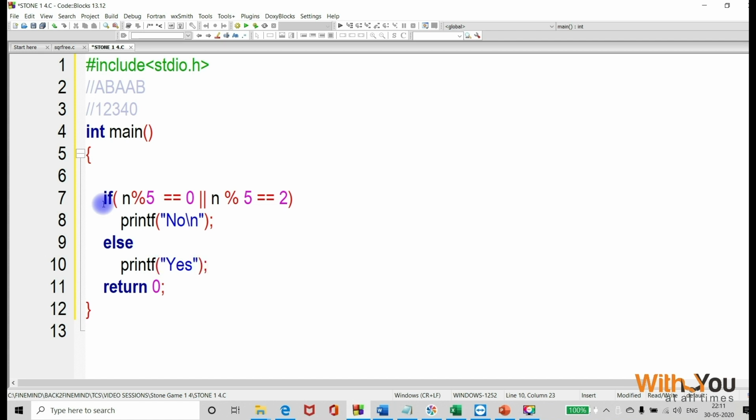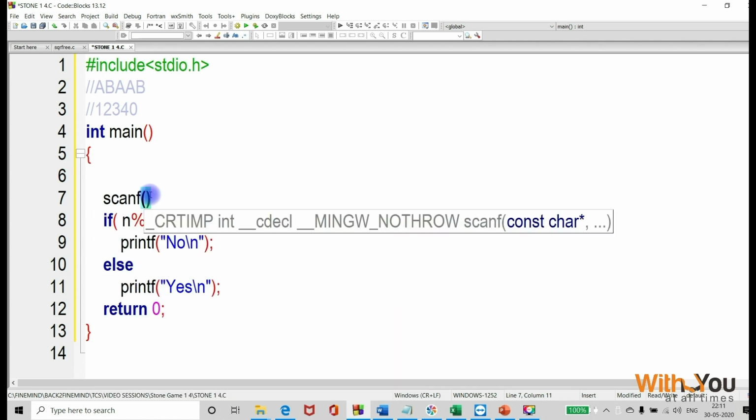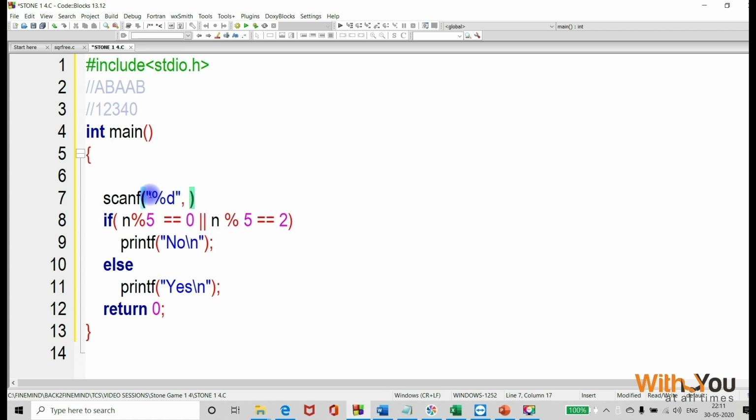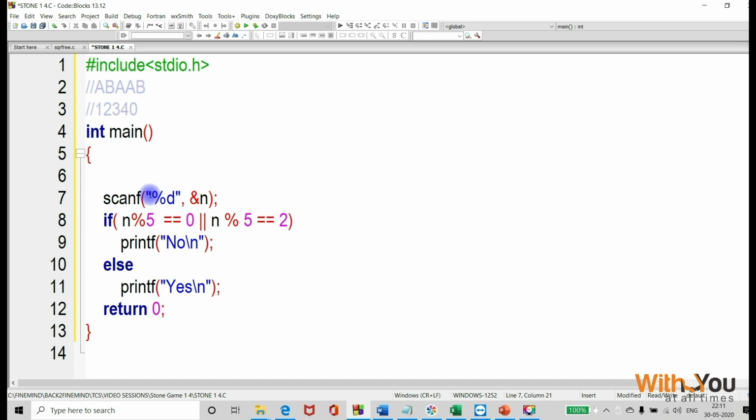We need to accept n through the keyboard. Yeah, we need to have the %d and the \n. I forgot. So scanf, this has to say %d, comma, address of n. And this needs to be in a loop depending upon the test cases.